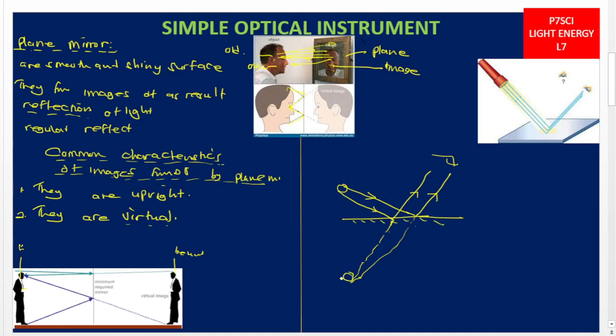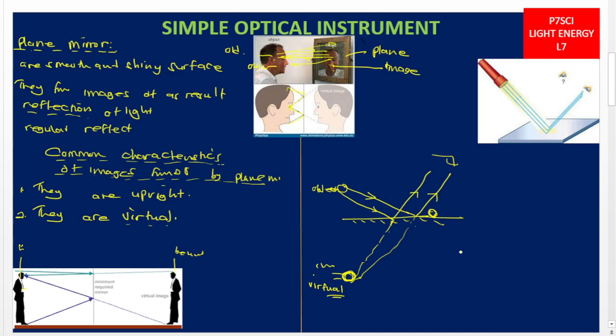Now this one becomes the image, and this one becomes the object. That's why we say the image is not on the mirror, but is formed inside or behind the mirror, and this image is what we call the virtual image. So the images formed by plane mirrors are always virtual. A virtual image is an image that cannot be cast onto a screen.